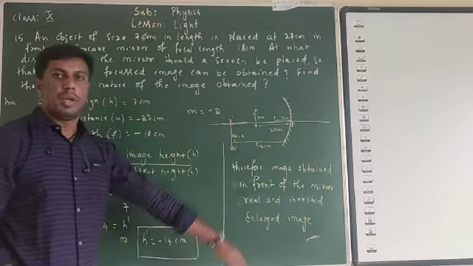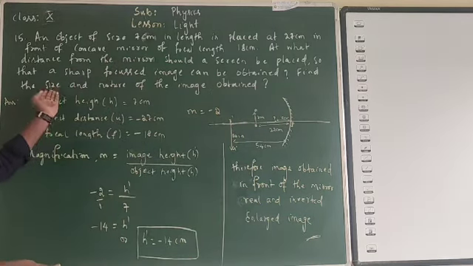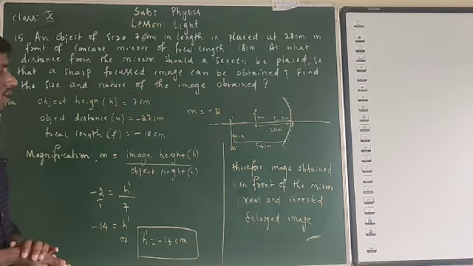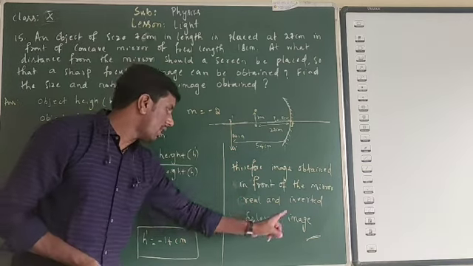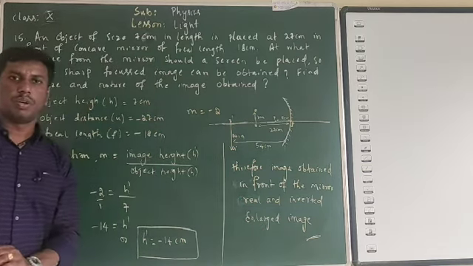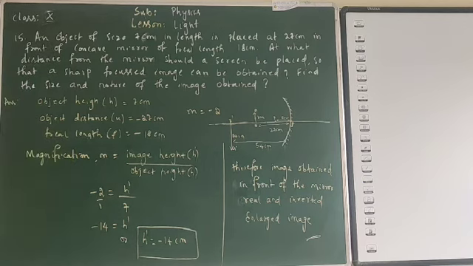Okay, these are the properties: position, nature and size of the image. So this is about the 15th question.